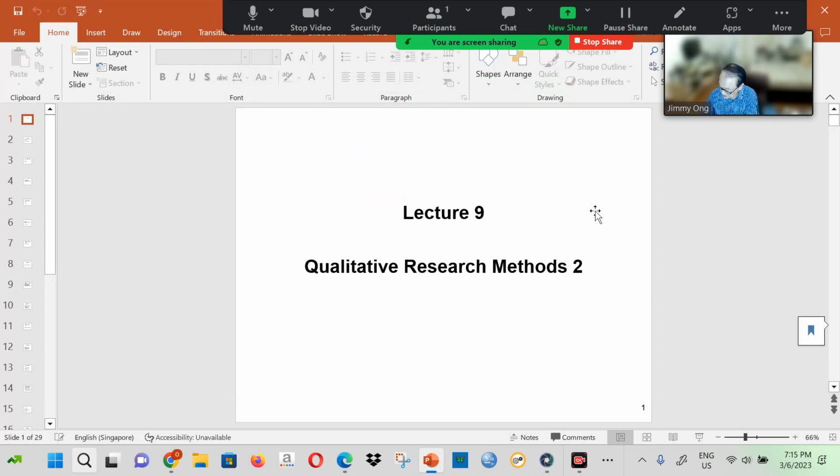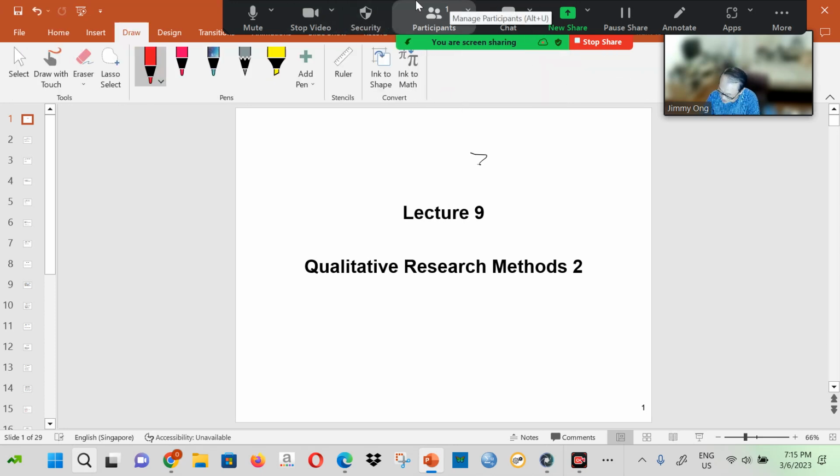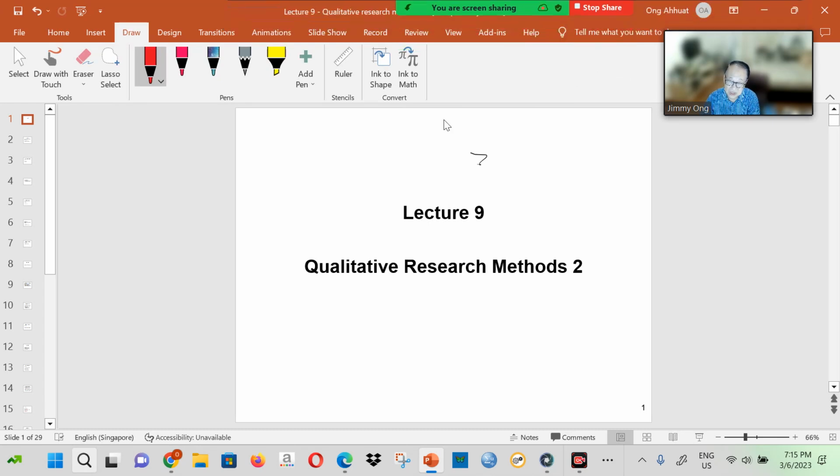So now under lecture 9 I try to use this, and it's quite difficult to write, but PowerPoint is easy to write. So we will continue our qualitative method number 2. And as we go along with this method, I will try to let you refer to some student or some assignment sample so that we can coordinate in between. That is why I put this in a PowerPoint, it's not to be carried away.